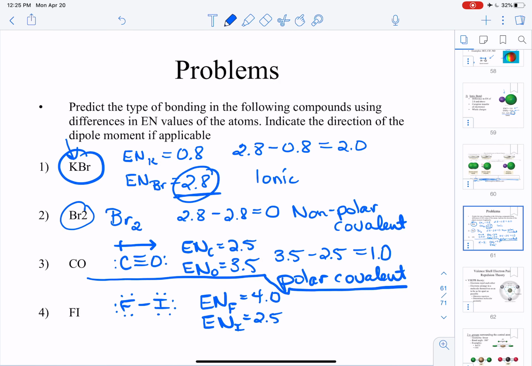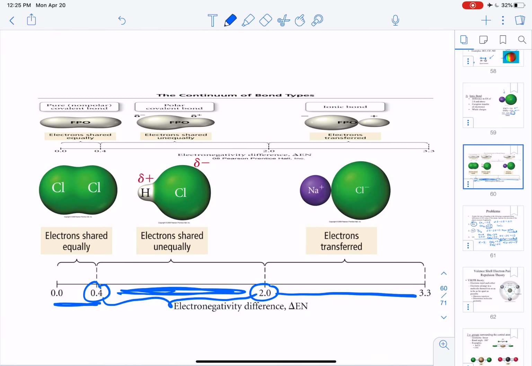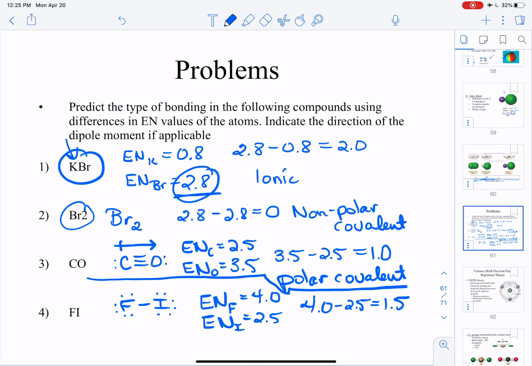So 2.5, so we have a difference of what? Of 1.5. So 1.5 classifies us as polar covalent. So we're right in here. We're in between 0.4 and 2.0. So it's polar covalent.